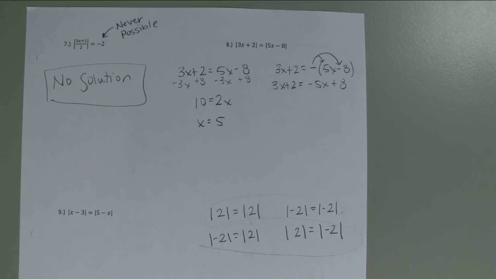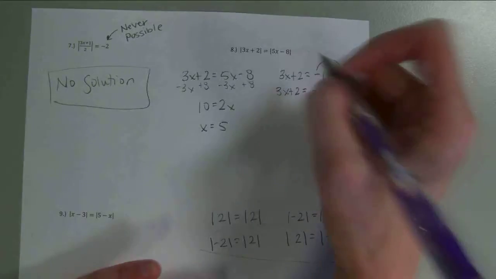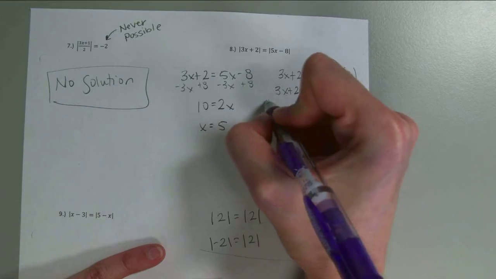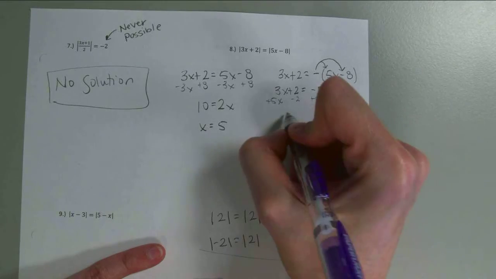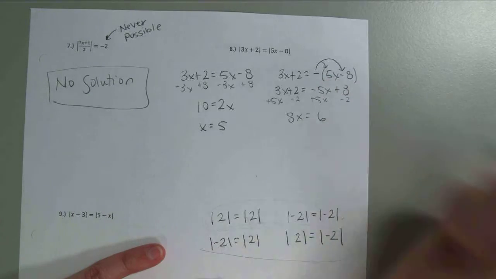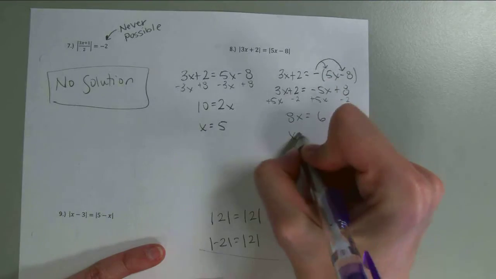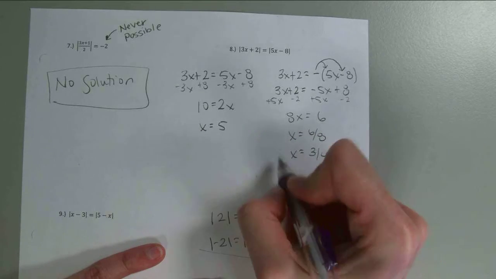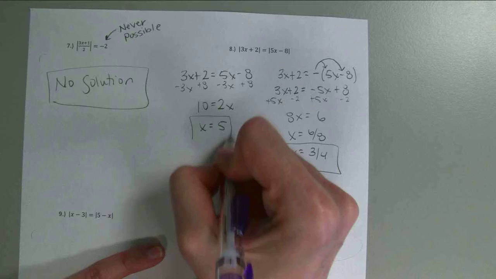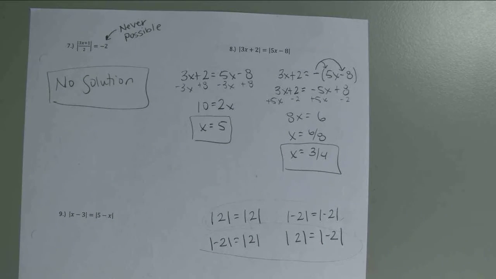All right? I like to keep my x's positive, so I'm going to move my 5x over this time, and I'm going to move my 2 over there. So I'm left with 8x equals 6, or x equals 6 over 8, but that reduces to 3 over 4. When you go to check it, if you plug 5 in, the left will equal the right.